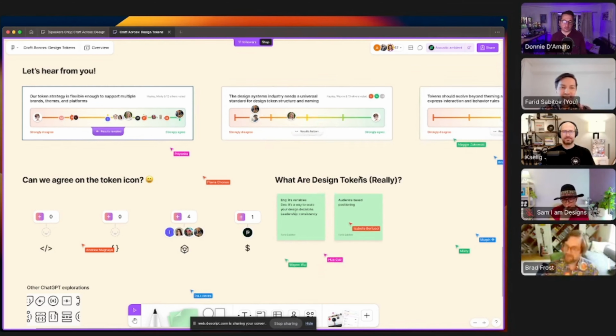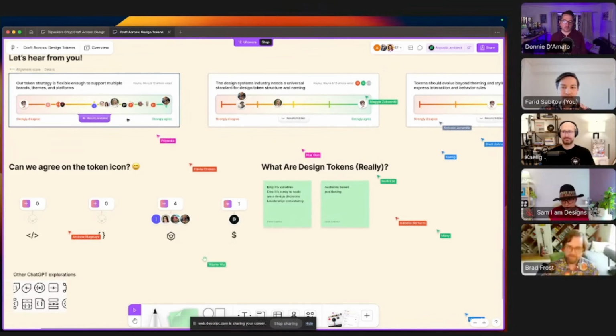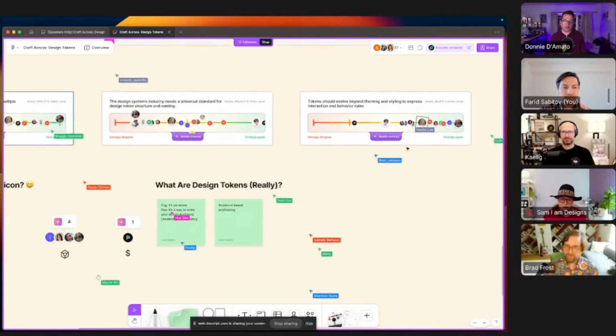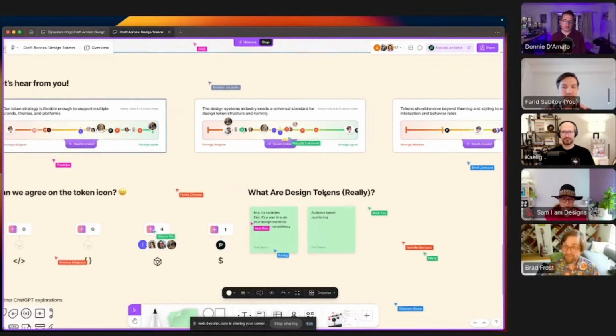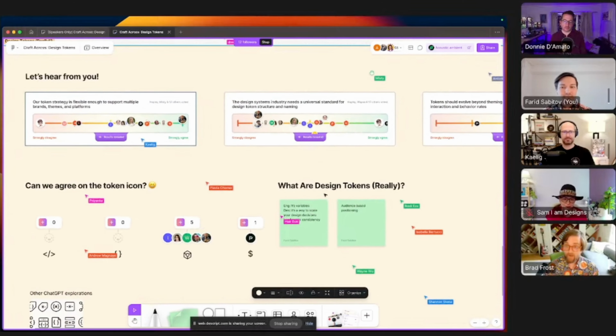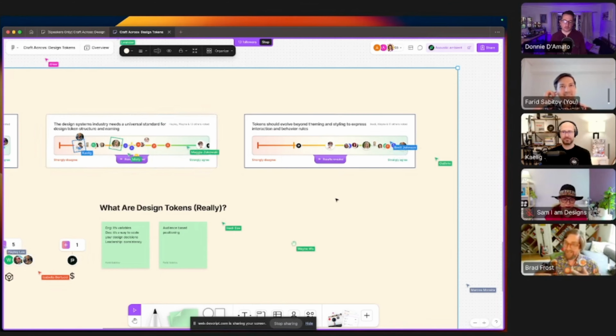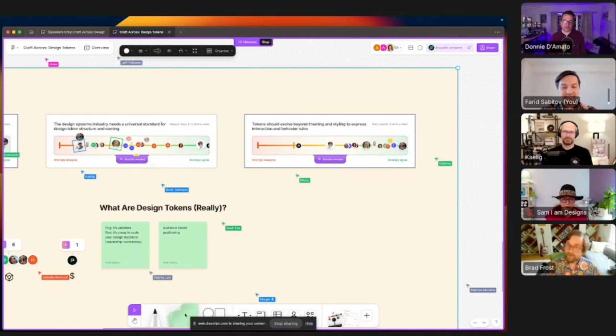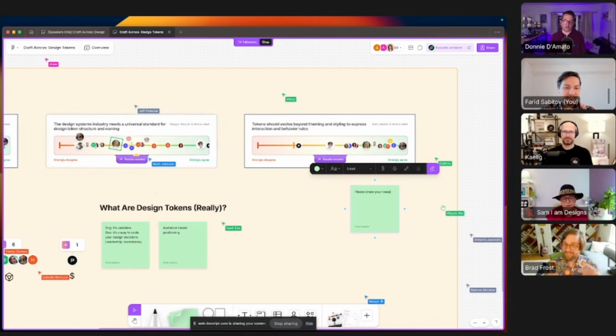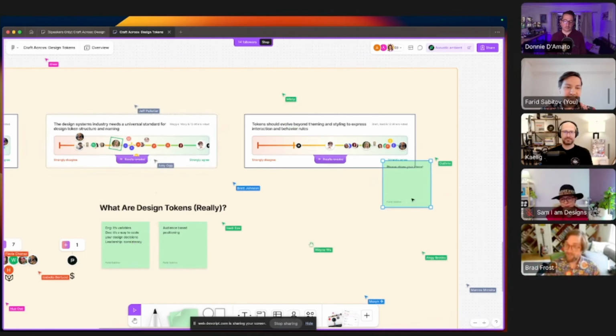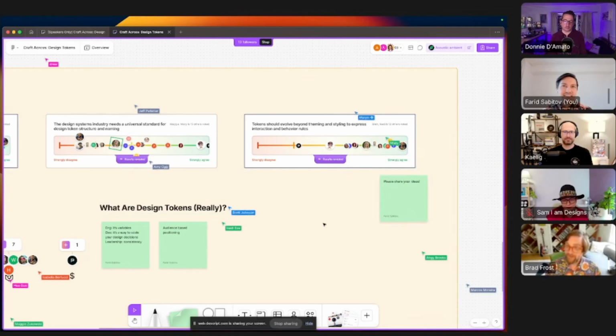But yeah, the way I like to describe it is as these implementation agnostic variables that describe a design language, right? And that gets realized in design tooling, in code, in other things. They, as Kaelig said, embody these design decisions and then basically deliver those to other places.